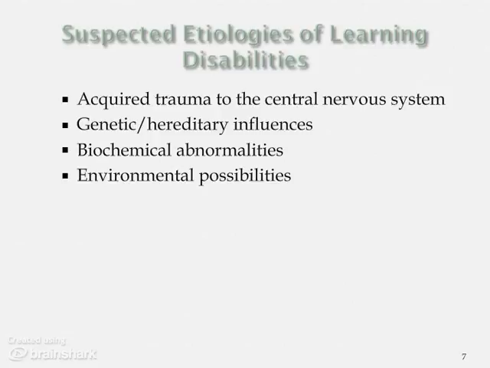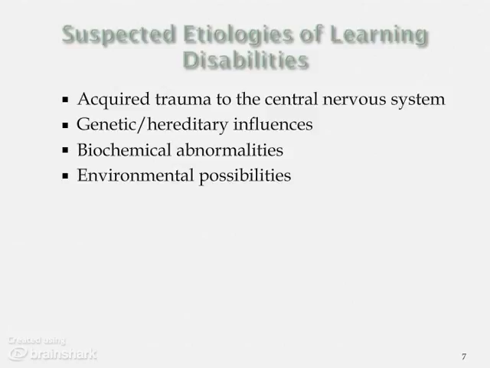Like most of our disability categories that we look at, we do not have one cause for a learning disability. There are a couple of suspected areas that we can attribute learning disabilities to, including trauma to the central nervous system. There are genetic and hereditary influences that we do know exist. So if a child has a parent or a sibling with a learning disability, they are more likely to have one themselves. So you do see a genetic component to it.